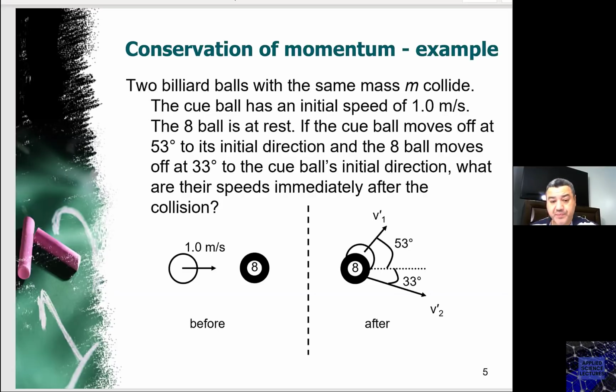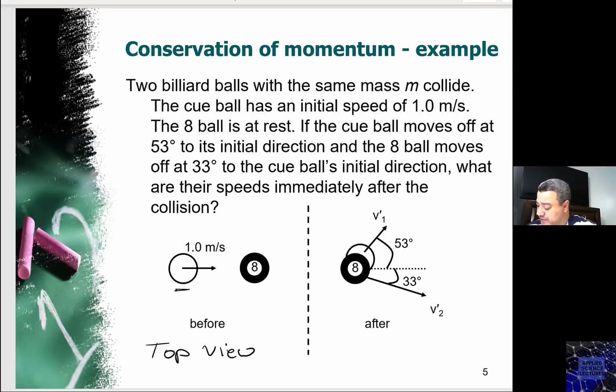So that's the top view. We have the cue ball with an initial speed of 1 meter per second. The 8 ball is at rest, which basically means it has 0 velocity.